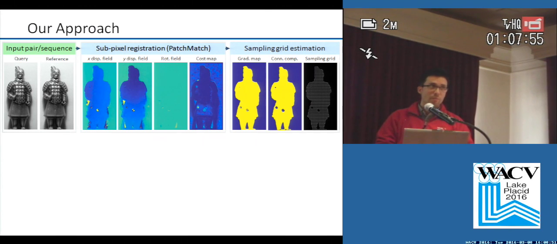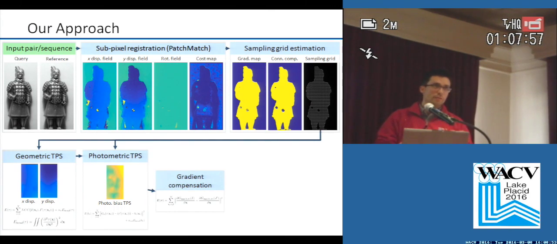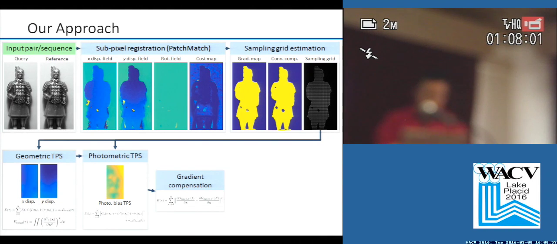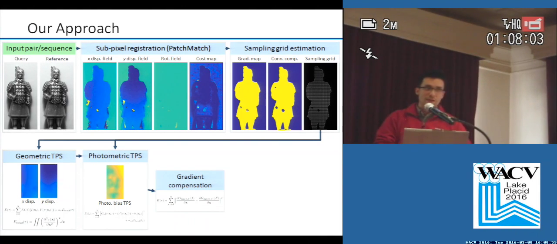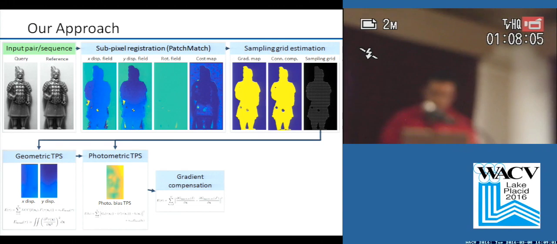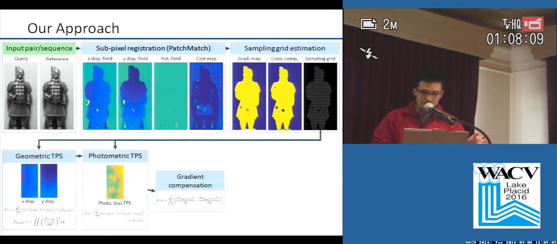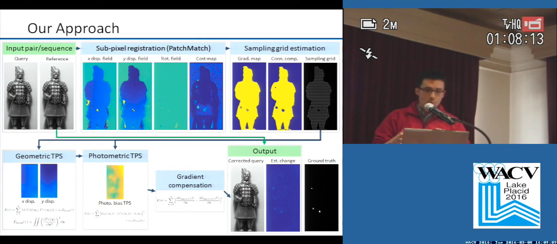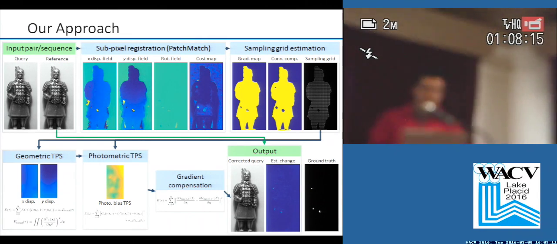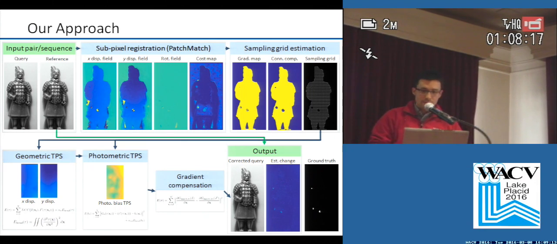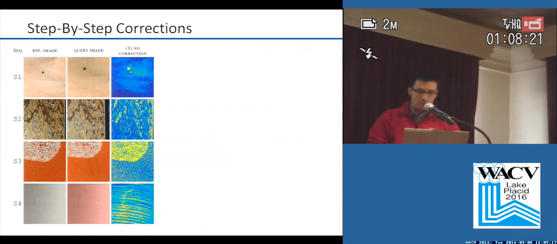And using that sampling grid we fit thin plate splines to take account for the flow, to smooth it out over areas which have sparse features, and also for the lighting. And then we apply the gradient compensation step, and I'm happy to take you through any of this at the poster. And then finally the warped original image is compared to the previous image, and you get a change map out, which hopefully is very similar to what you're after.